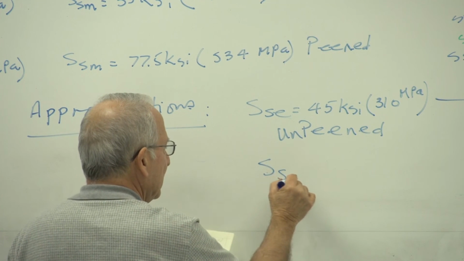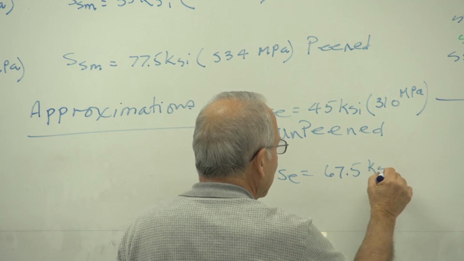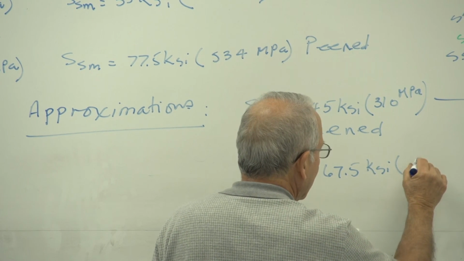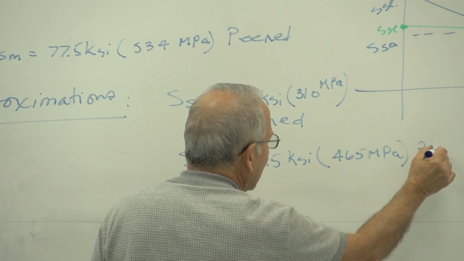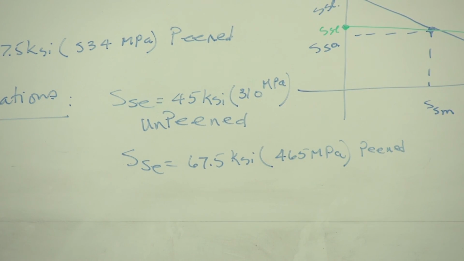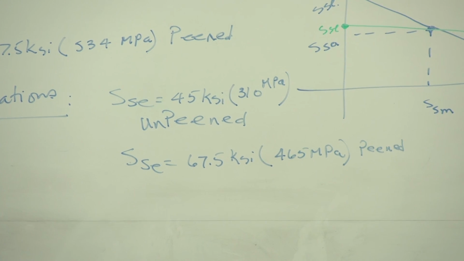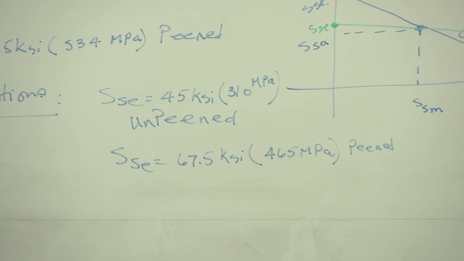And SSE equals 67.5 KSI or 465 MPa for peened wire. So those are just approximate numbers to use in the absence of anything else.